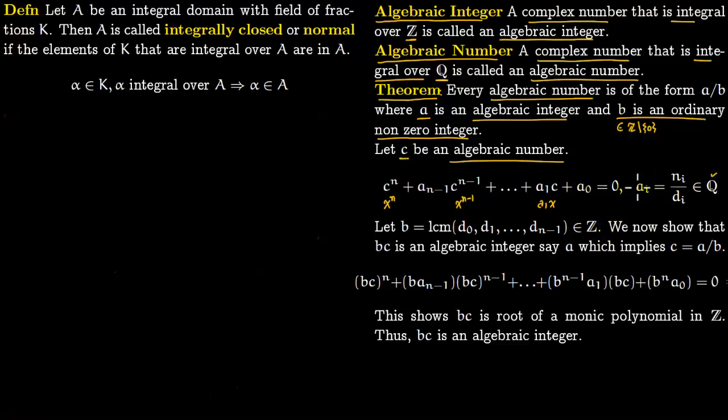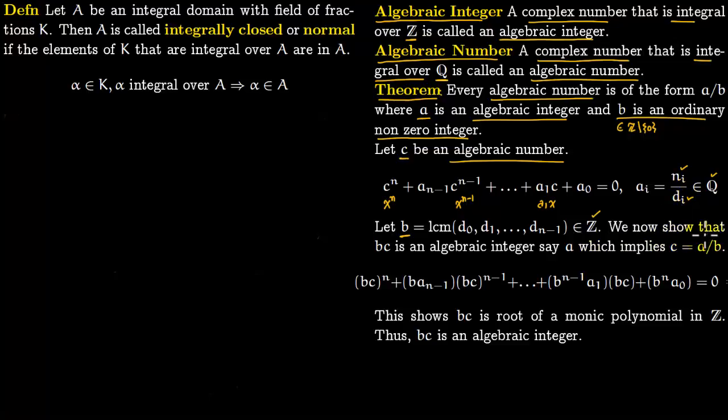But since each of these a_i's is a rational, you can write it in the form numerator over denominator, where the numerator is an integer and the denominator is a non-zero integer. Now we can talk about the least common multiple of these d_i's. Take b as the least common multiple of these denominators. This is an integer, and a non-zero integer precisely because all these d_i's are non-zero integers.